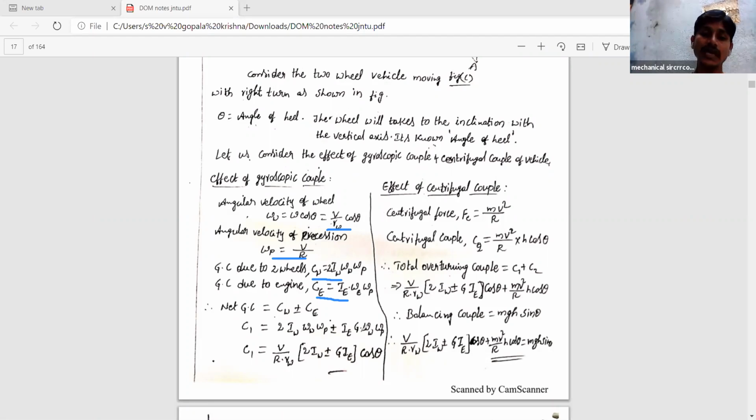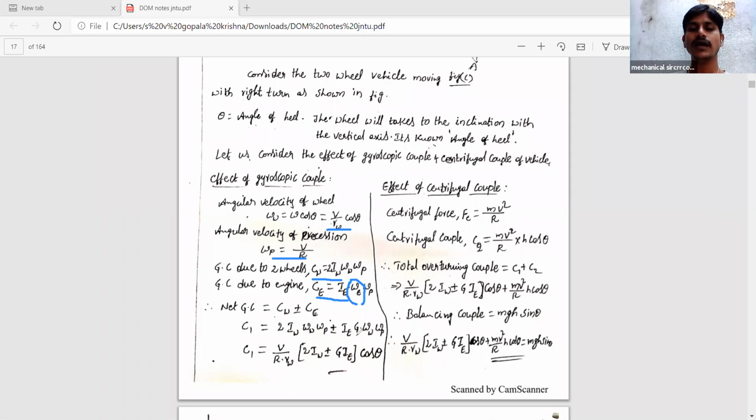Omega suffix e is replaced with G into omega suffix w, because we already know the gear ratio G equals omega suffix e by omega suffix p. So omega suffix e is replaced with G into omega suffix w, and omega suffix p.